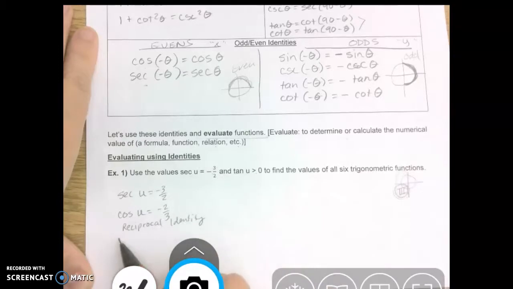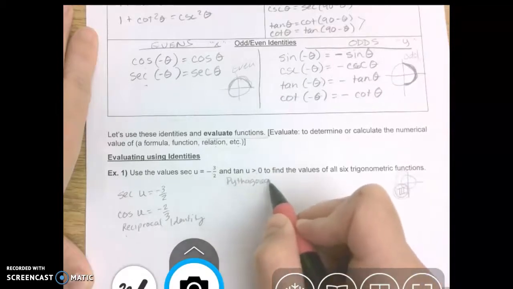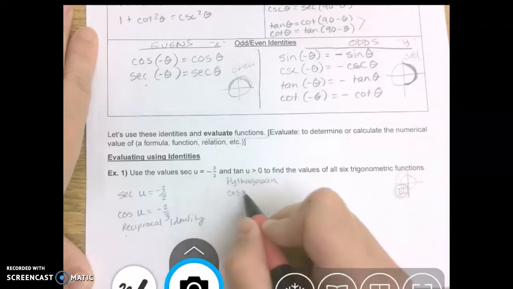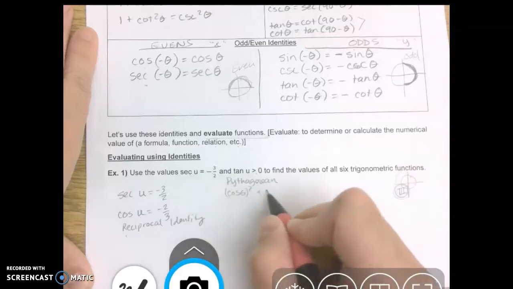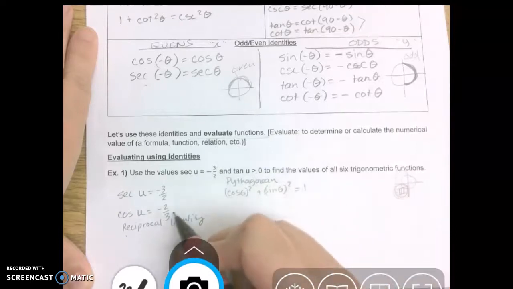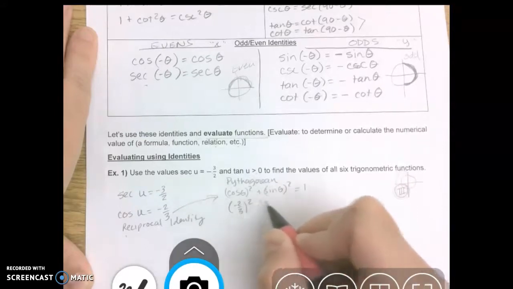Okay, if I want to find the sine, then I'm going to use a Pythagorean identity. Since the cosine of theta squared plus the sine of theta squared equals 1, I'm going to substitute the cosine.